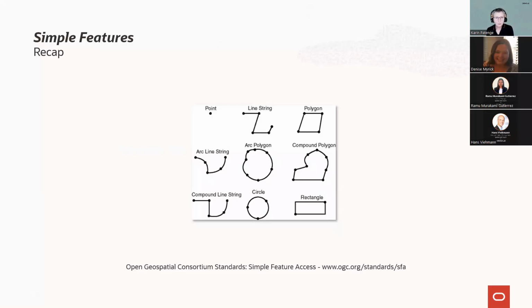You probably remember the term simple features, which is a synonym for geometries for vector data. So information that you can represent as points, lines, or polygons in the Oracle database using the data type geometry.